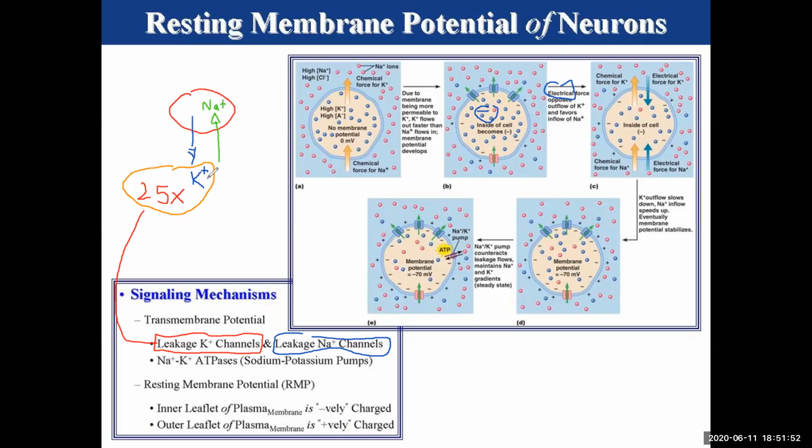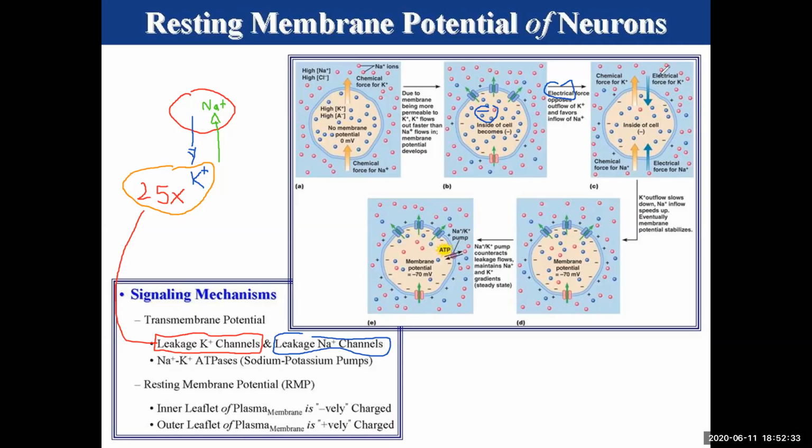So potassium is positive. If there's an increase in negative charge inside, then it will slow down potassium efflux, because the electrical force will basically oppose positive charge from leaving the cell. Simultaneously, that negative charge will attract the positive charge from the outside of the cell to come into the cell. Because of that, this electrical force slows down potassium efflux and increases the sodium influx, right?